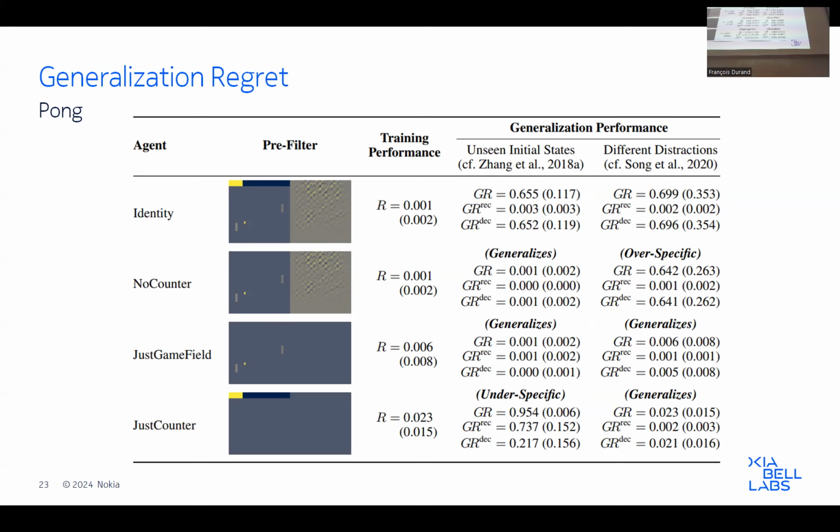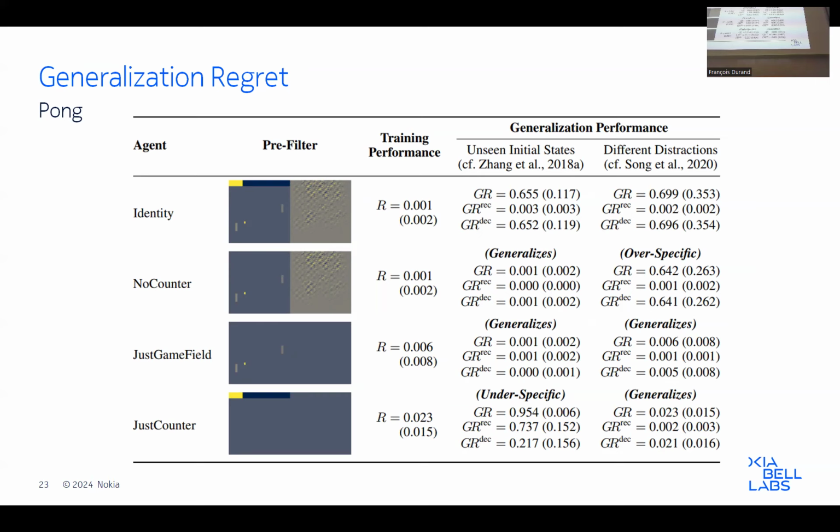For the case of unseen initial states, if we actually give everything there, it becomes over-specific because we have low recognition regret, but high decision regret. The one where we take out the counter shows that the agent sort of hones in on the counter.